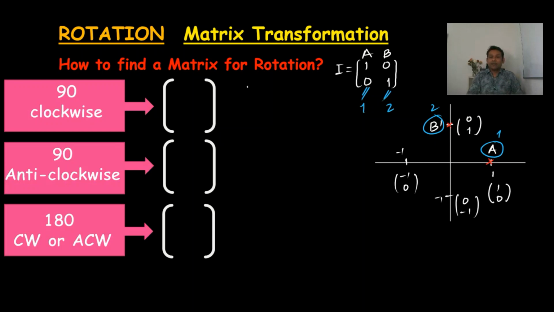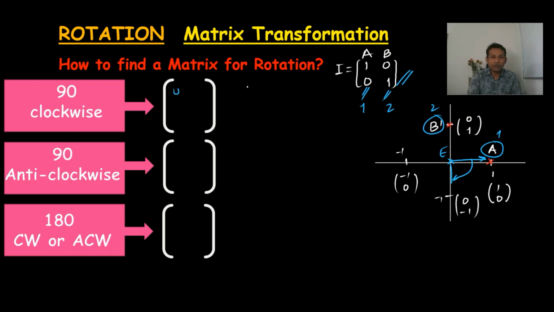Now what's the method? First I will move this object, our required target, 1 0. Where is 1 0? The 1 0 is here. When I rotate this 90 degrees clockwise, with the center always the origin in matrix transformation, it will become 0 minus 1.